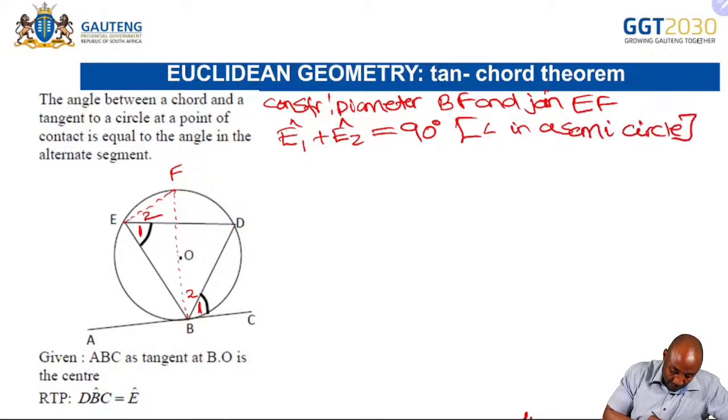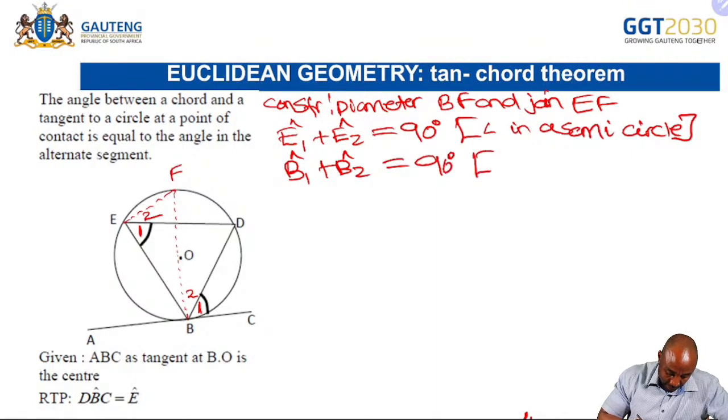I will also now have my B1 plus B2 is equal to 90 degrees. My reason, I know that the tangent is perpendicular to the radius.